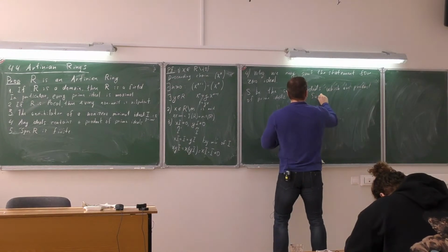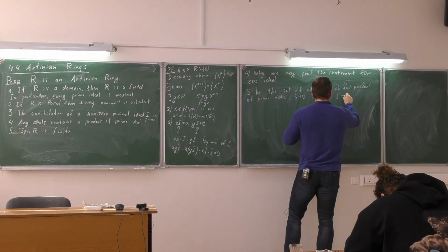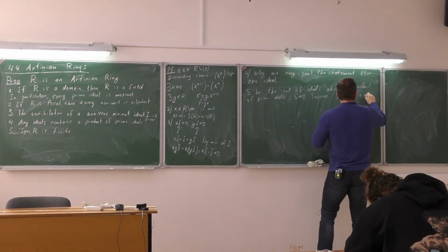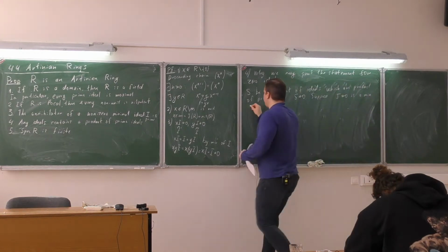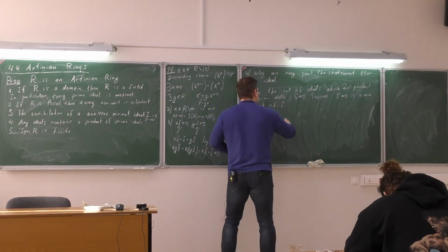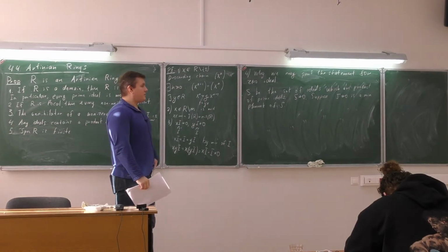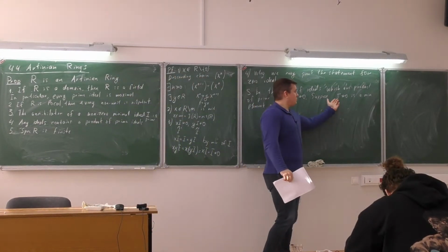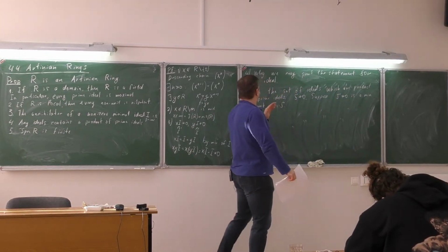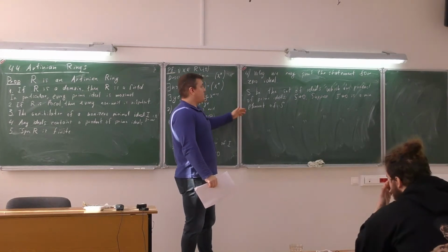So suppose J not equal to 0 is a minimal element. Right, so I want to derive a contradiction from this condition that J is not equal to 0. If I can start with this and obtain a contradiction, then I prove this statement, right? Because it means that in fact the minimal element is the zero ideal.